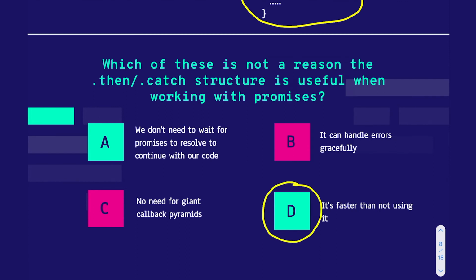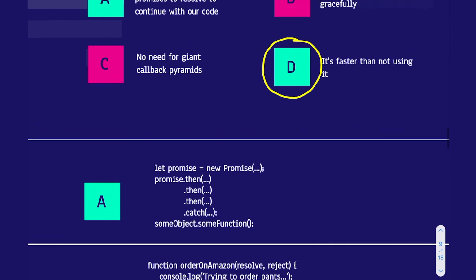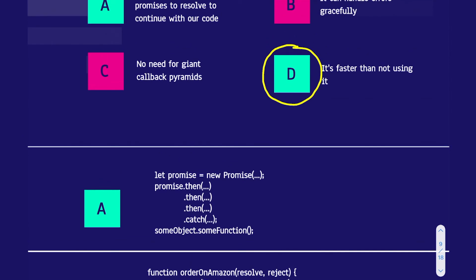I'll kind of go through each of these, explain why they are true, and then D is the odd one out. So with A, one benefit of the .then .catch structure is, as I mentioned before, the asynchronicity of the code.